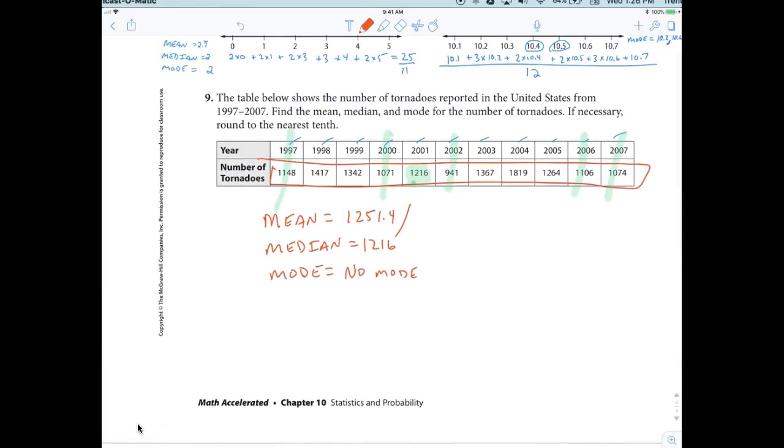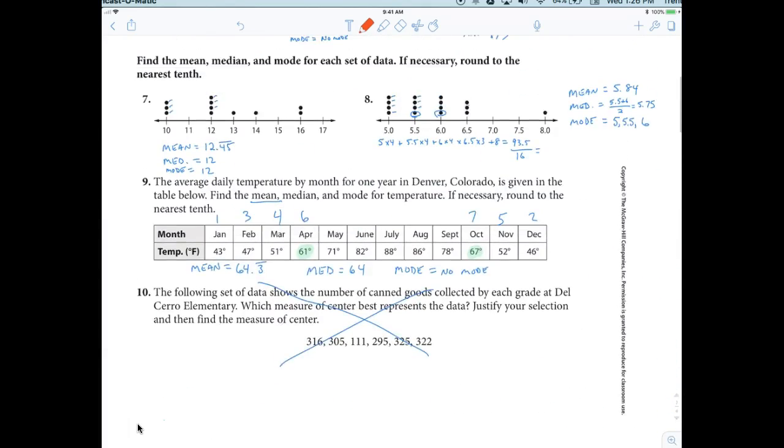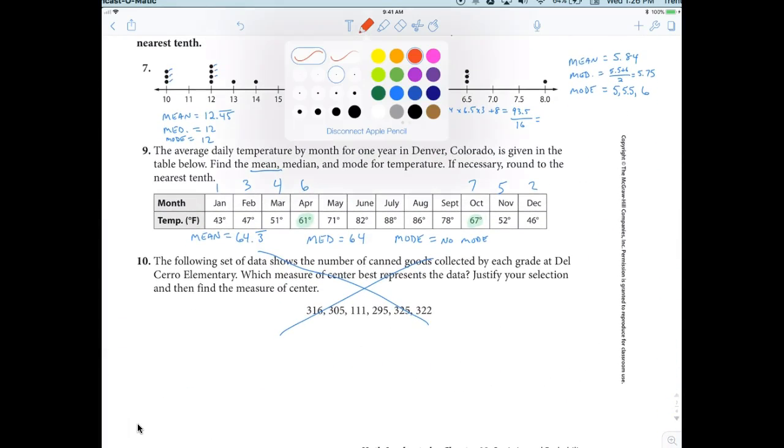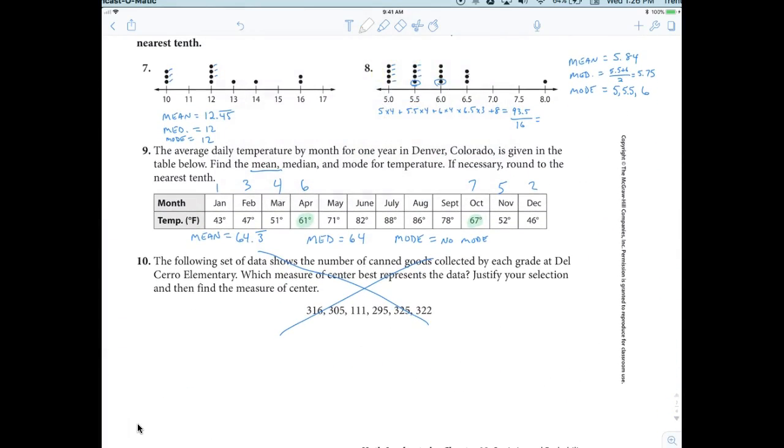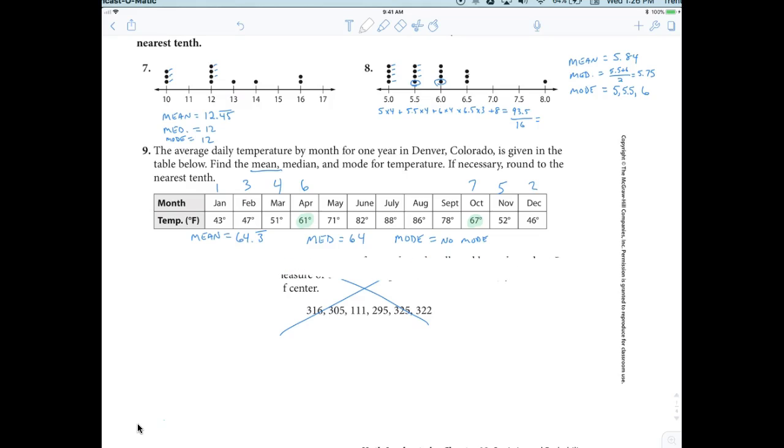Number 10, no. I crossed out number 10 for a reason. So if you want, you can take your white and make it thick, and then just cross out number 10. That way you know that you don't have to do that. Plus that gives you a little bit more room to work.